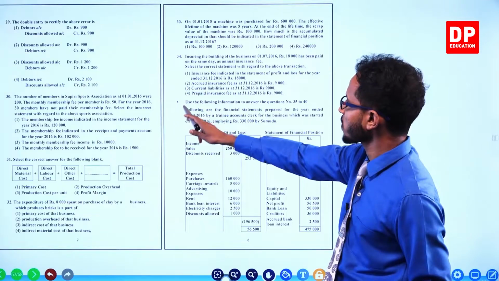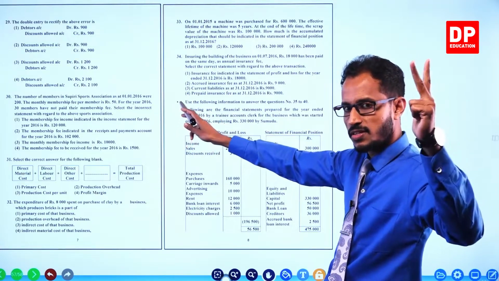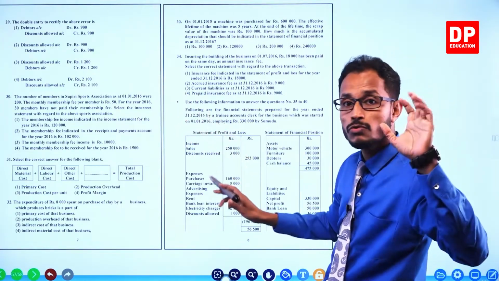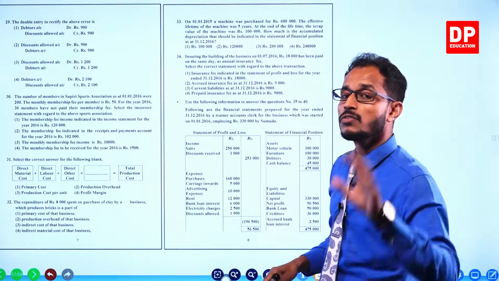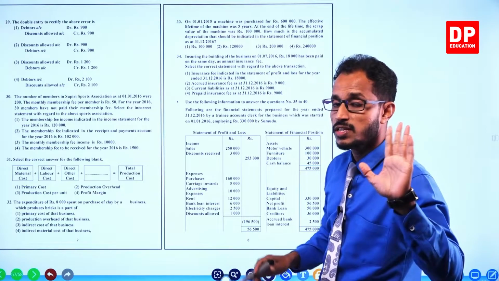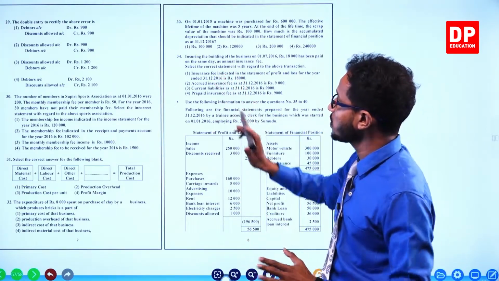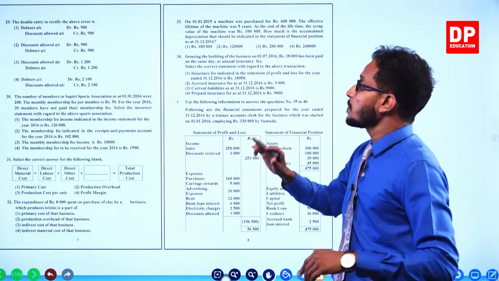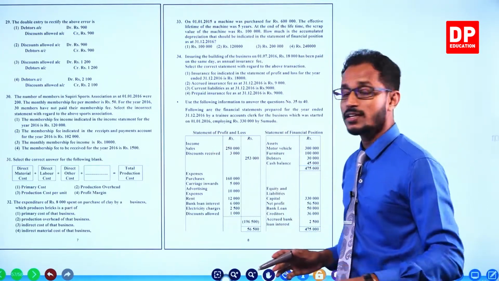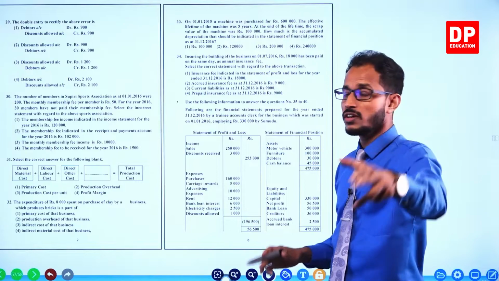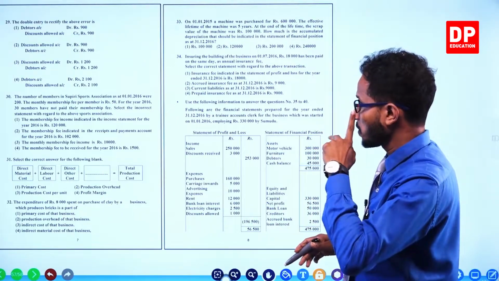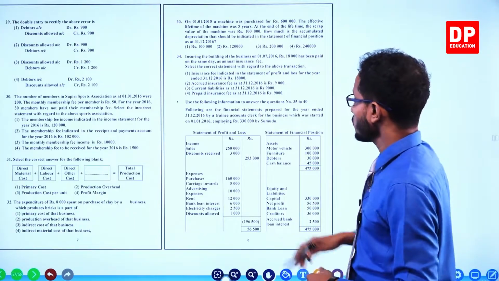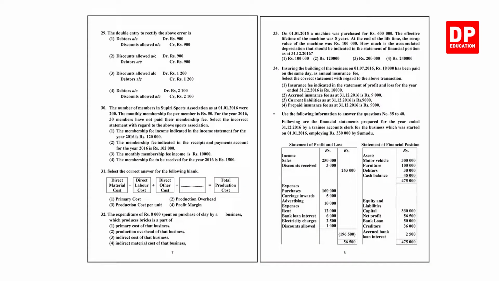Up to the 34th, they are accounting questions. But from 35, that means 35, 36, 37, 38, 39, 40, you get questions out of a financial statement.